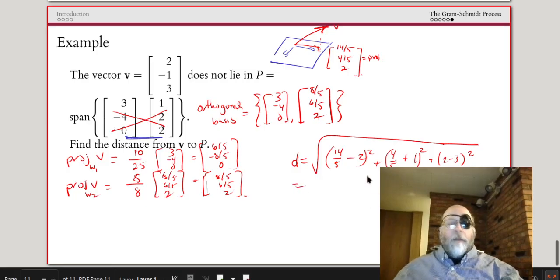All right. So 14/5 minus 2 squared is 16 over 25. 4/5 plus 1 squared, that's 9 on the top. 9 squared is 81 over 25.